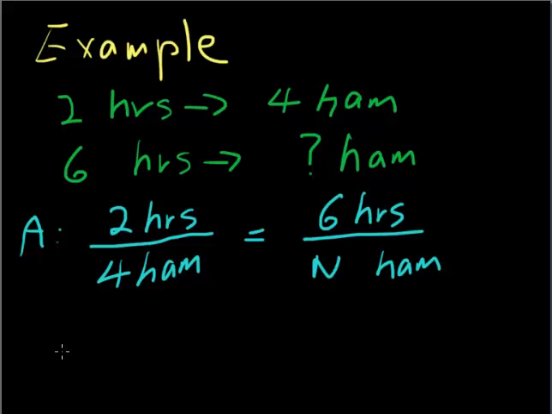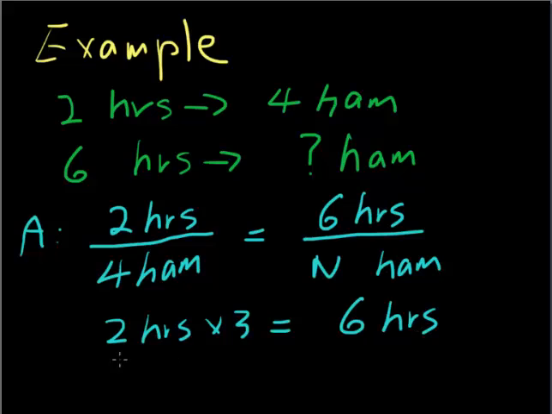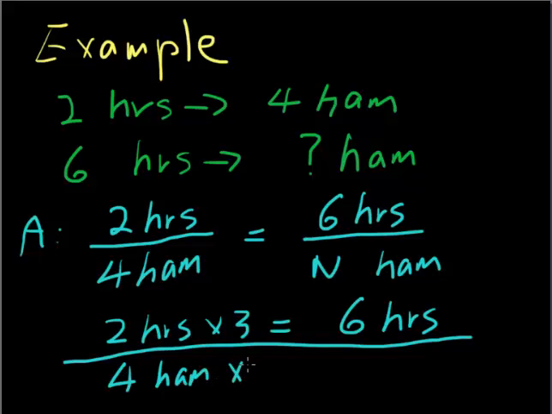Alright, so this is the same as before. Okay, so 2 hours times 3 is equal to 6 hours. Right? And you do the same thing. 4 hamburgers times 3 is equal to 12 hamburgers.